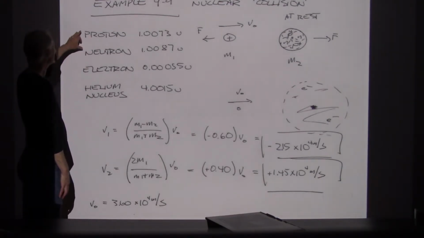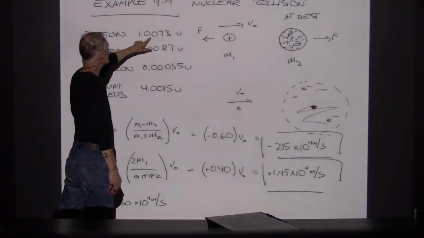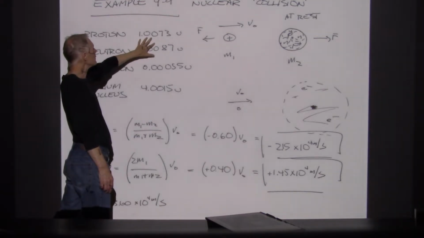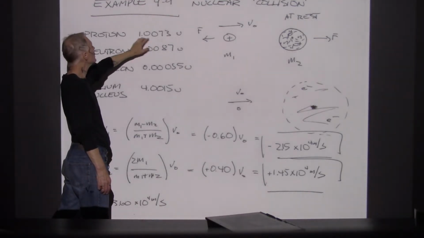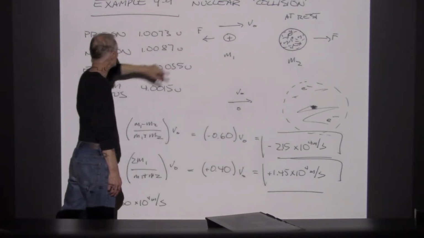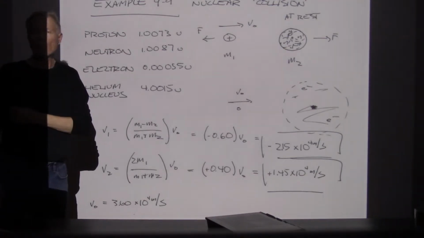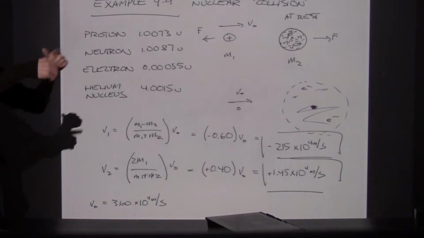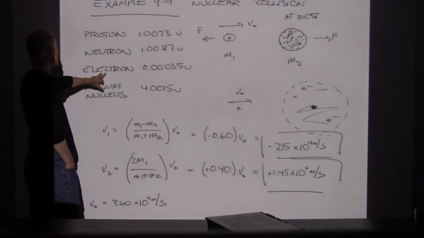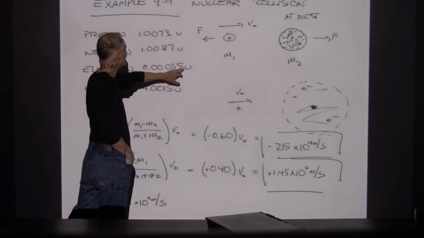And so here is, just for reference, the mass of a proton is 1.00. I wanted another couple sig figs. I wasn't really happy with the 1.01. So I went out to 1.0073 atomic mass units and then compared that to a neutron. A neutron is 1.0087 something something something atomic mass units. An electron, which is not involved in this, is 0.00055.